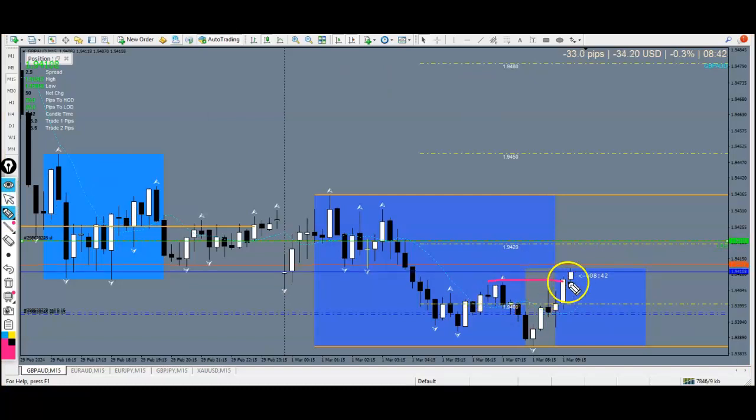Okay, and then we can see a push down and then a push up. All right, so what do we do right now is I'd rather just wait to see what will happen when price gets to these levels here. Okay, so let's watch and see what will happen.